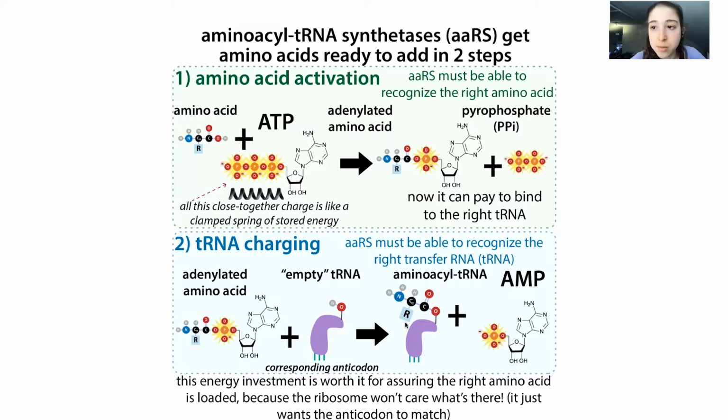But when it binds the tRNA, it's going to push the amino acid into another proofreading site on the enzyme, which is going to help make sure that you have the right thing loaded. And then once you have this loaded, now you just need to focus on that anticodon matching, so that the ribosome can focus on not needing to recognize what's up here, just what's down here.